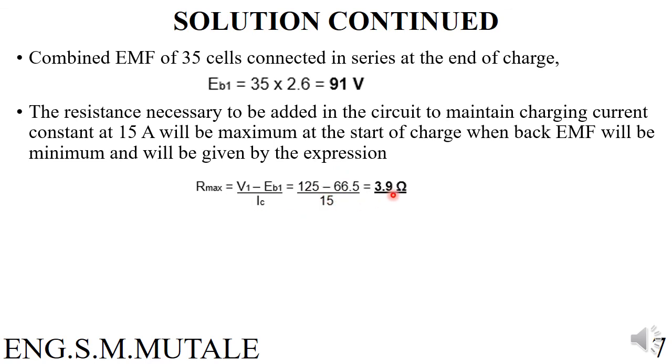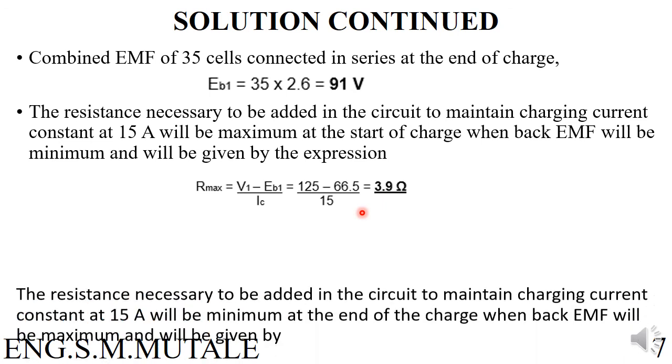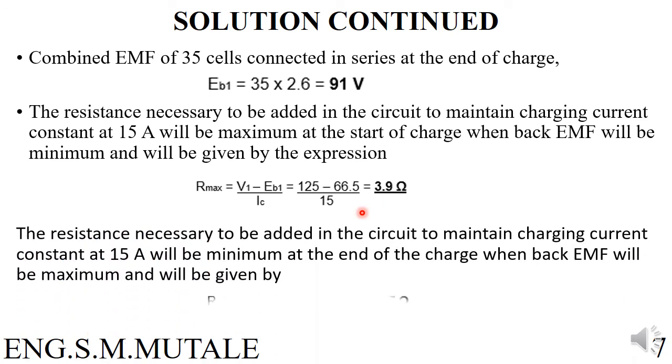So you're going to have 3.9 ohms as the maximum resistance, and then for the minimum resistance, it will be the same voltage which was given in the data minus this voltage, the combined EMF of cells connected in series. Find the difference, it will give you a resultant voltage, and then you divide by the charging current, which is 15, and then that will produce 2.2 ohms.